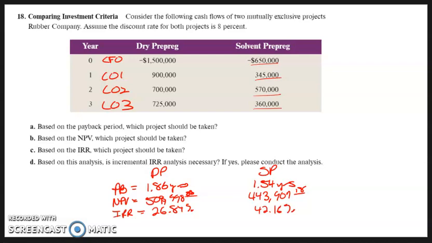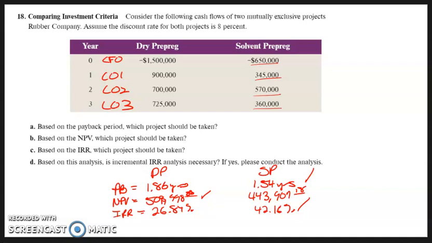So based on our answers, for A, the payback, we would take project SP. For B, the NPV, we're going to take project DP, and then for C, the IRR, we're going to take SP.